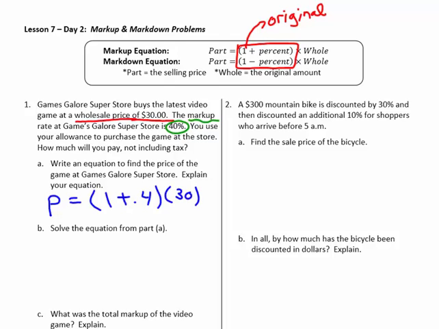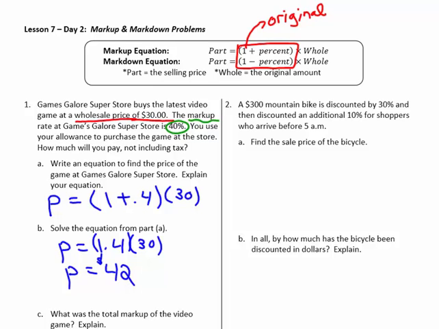So there's my equation. So solve it. Here I already have P by itself, so I'm going to add those together. 1.4 times 30, which was my original cost. So 30 times 1.4 is going to give me the selling price of $42.